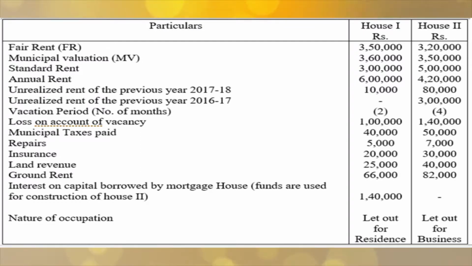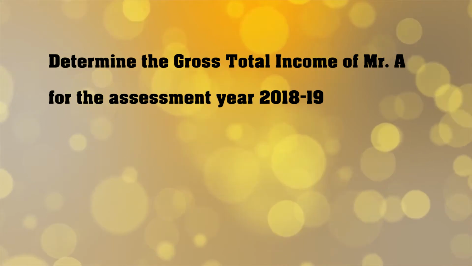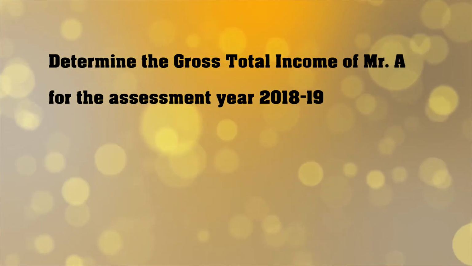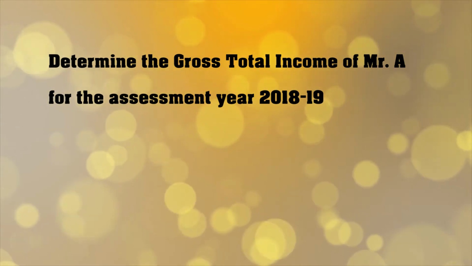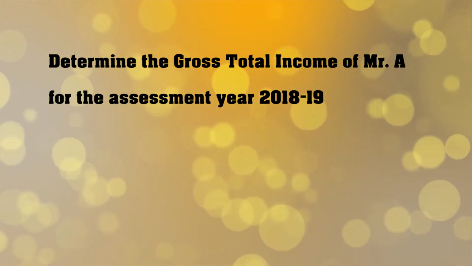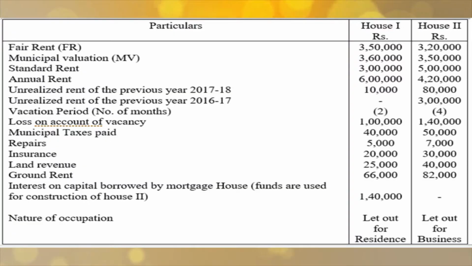It's 1,40,000. And the nature of occupation is the house 1 is let out for residence, house 2 is let out for business. We are to determine the gross total income of Mr. A for the assessment year 2018-19. Just have a look on the figures again.